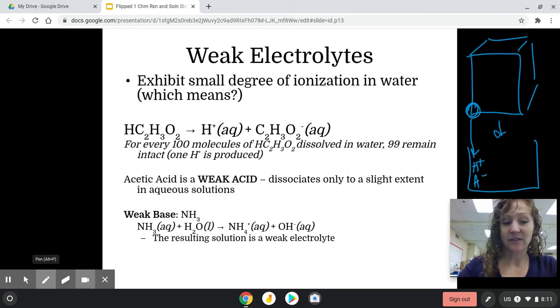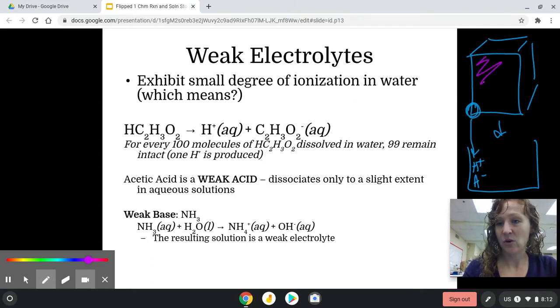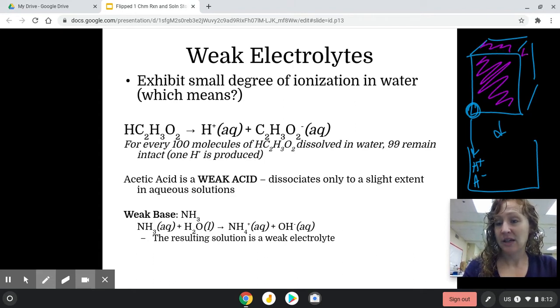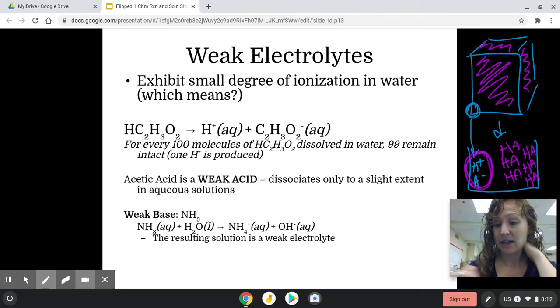But the vast majority of that lattice or crystal is just going to dissolve into molecules. So you'll have a bunch of molecules floating around. But not very many of those molecules will actually split up into ions. And again, we talked about how it's about 1% or maybe even less than 1%.